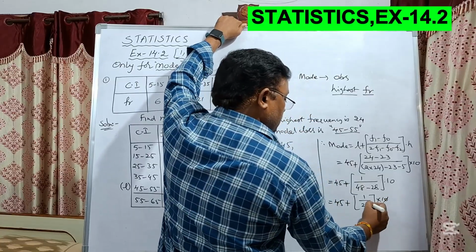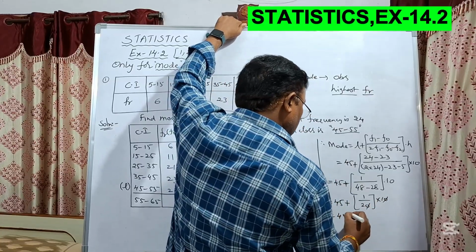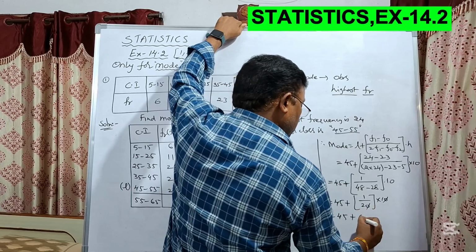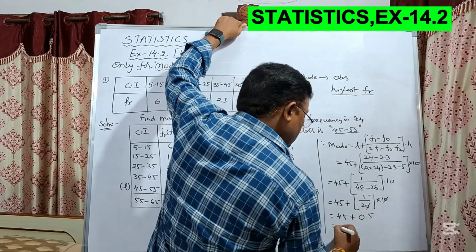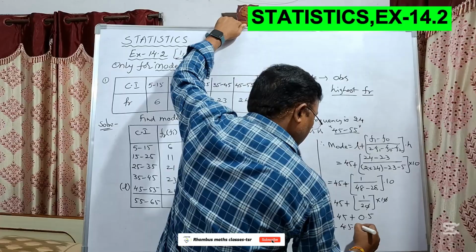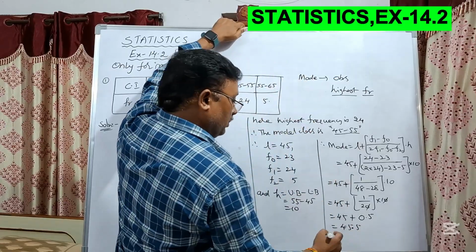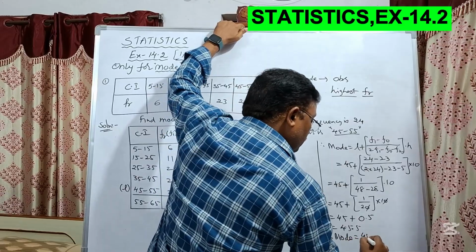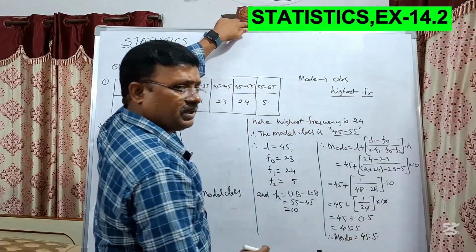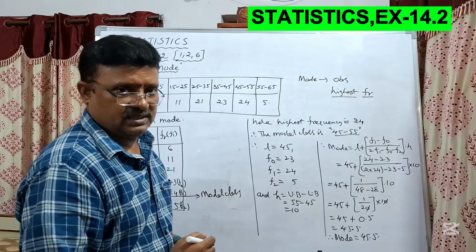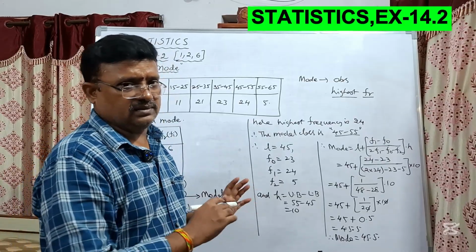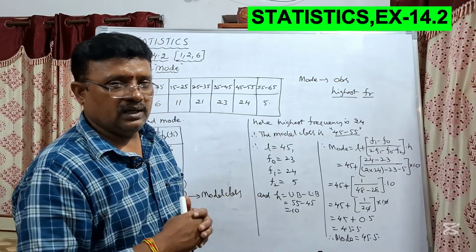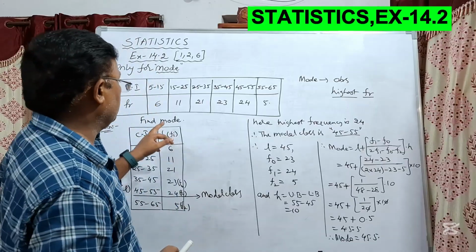Now the zeros get cancelled. This is equal to 45 plus 1 by 2, which means 0.5. This is equal to 45.5. This one is the mode. Therefore, mode of the data is equal to 45.5. That much simple it is. The easiest long answer question in the whole 10th class syllabus is finding mode.